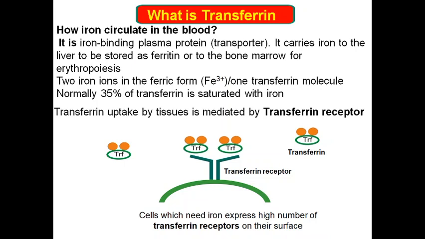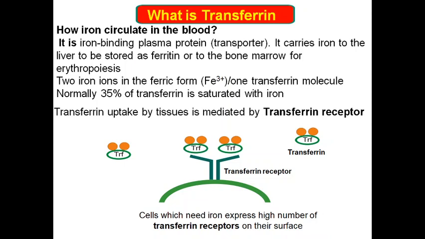What is transferrin? Transferrin is the form in which iron is circulating in our blood. So it is an iron carrier protein. It binds iron and transports it from the blood to the various tissues. Transferrin carries iron in the ferric form.